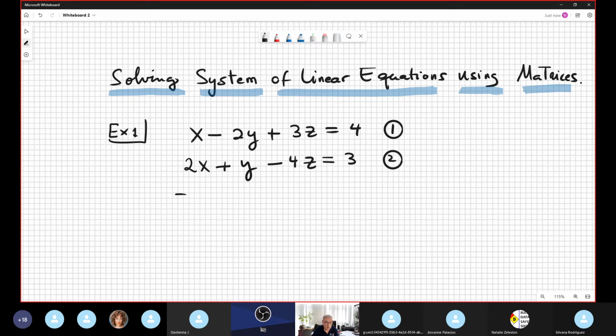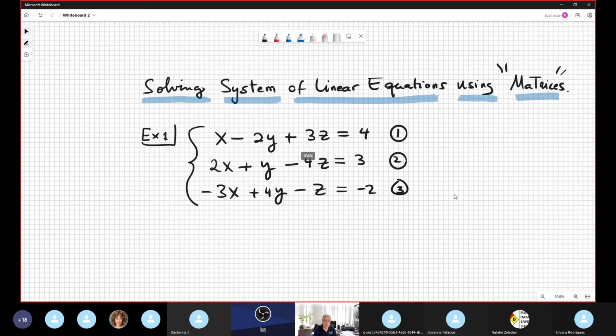I have another equation I want to call equation 3. Okay, and this is my system. I need to find the solution using matrix. What is the idea behind matrix? There are two different ways.